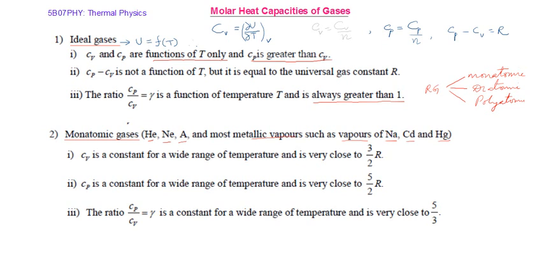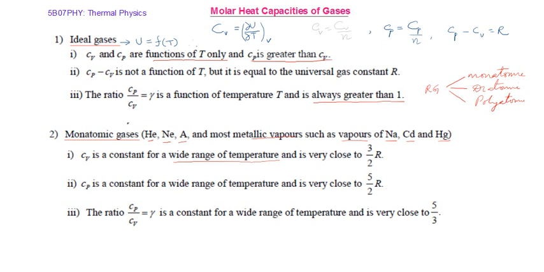So what is the thing? First, Cv is a constant for a wide range of temperature. That is one thing you have to remember. For monatomic gases, Cv is a constant for a wide range of temperature. So even if you change the temperature by a large amount, Cv practically remains constant.